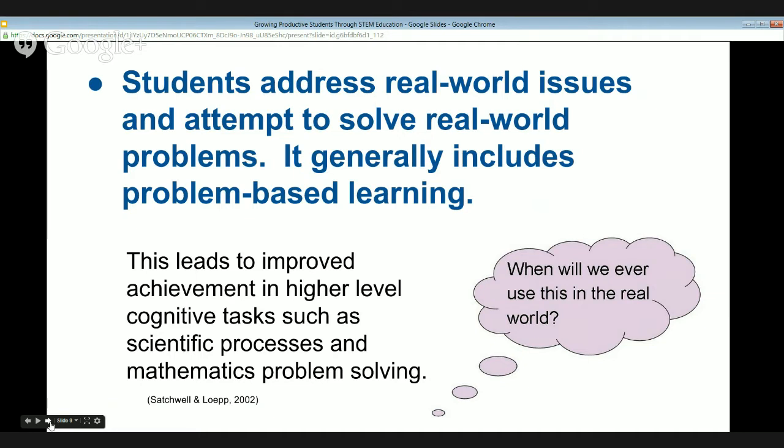If you can show them that what they are doing does address a real world issue, something that will affect them in their future, then you begin to see improved achievement and higher level cognitive tasks, where kids have to actually do the scientific processes and the mathematics problem solving to solve that problem. And once they develop those skills here, it's going to carry over into their other classes.